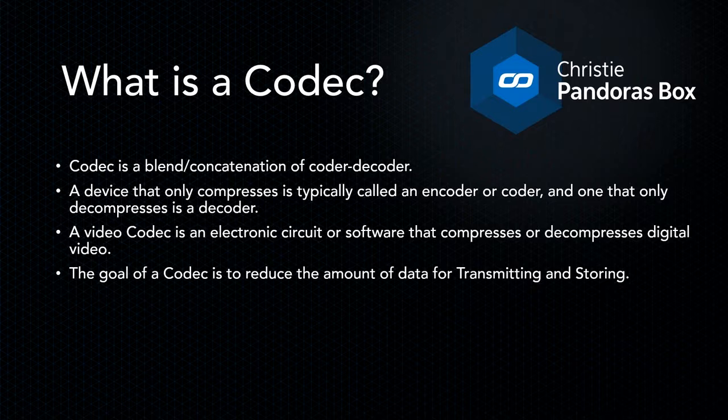The main goal of a codec is to reduce the amount of data for transmitting. What does that mean? You have this large file, a picture you took outside, and you want to see it on your little mobile phone or on a projector, but you want to upload it very quickly.